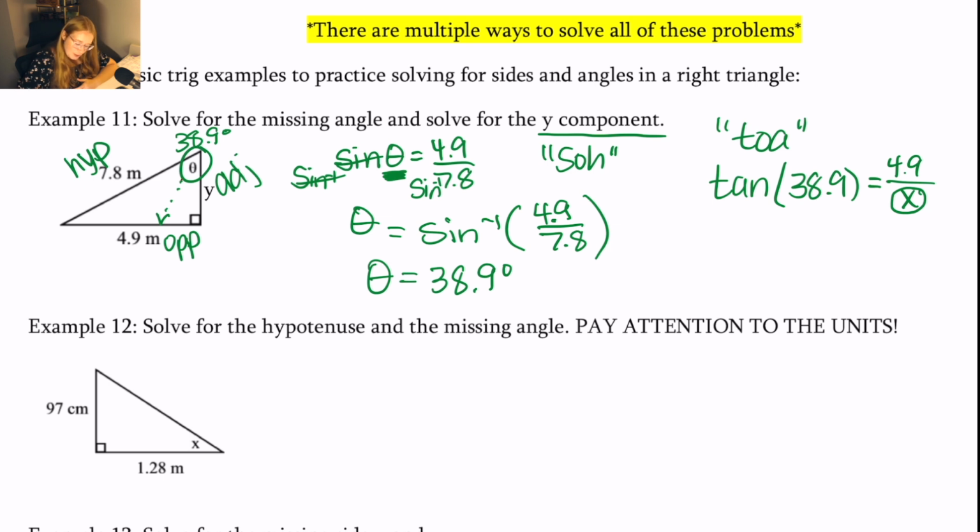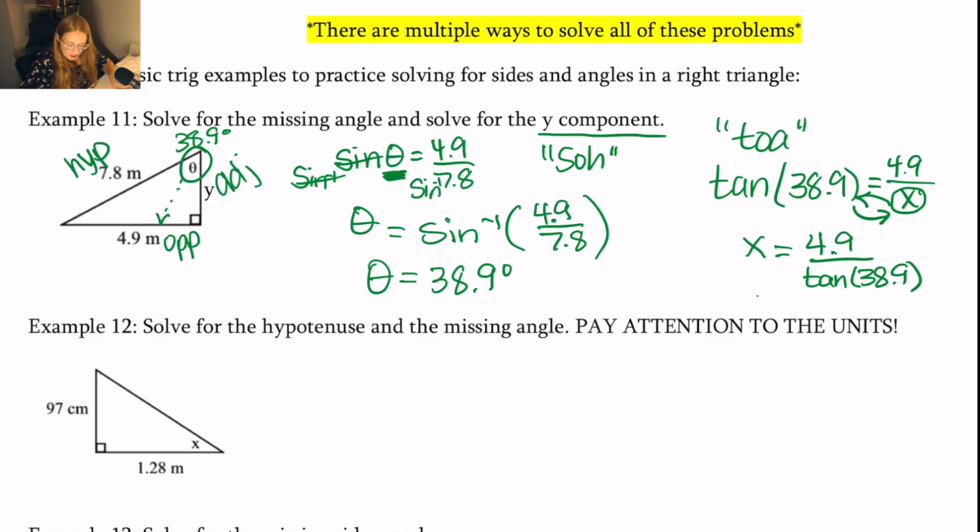Remember, if it's in the bottom, what you can do is swap the places of what's on the left and what's on the bottom of the fraction. So the x would go up, the tan of 38.9 would go down, and just swap the places they're in. So we have x equals 4.9, and then the tan would go where the x used to be.